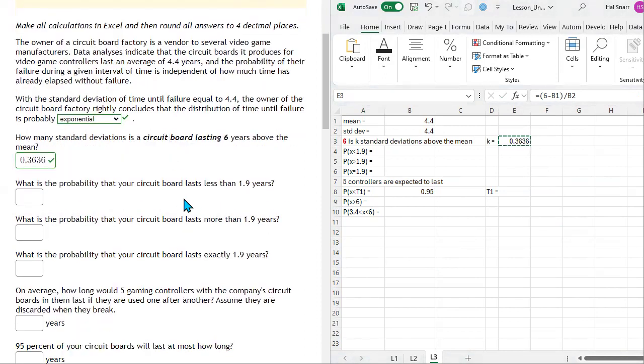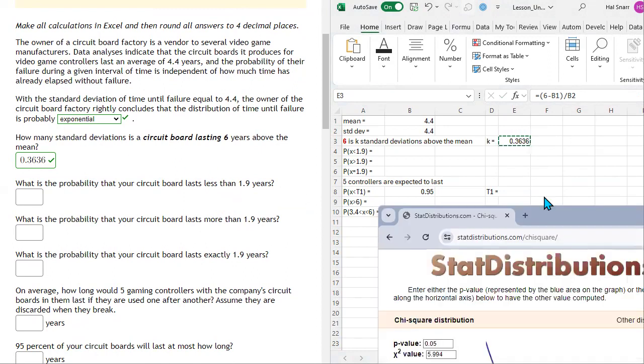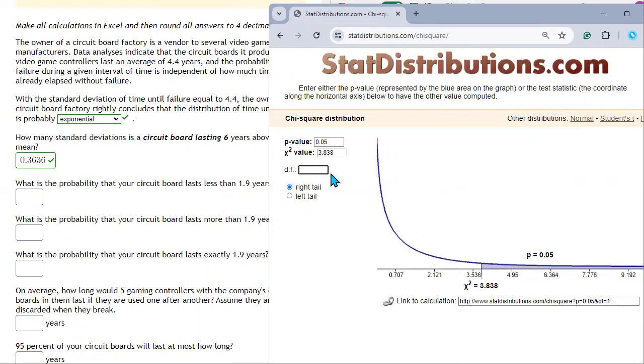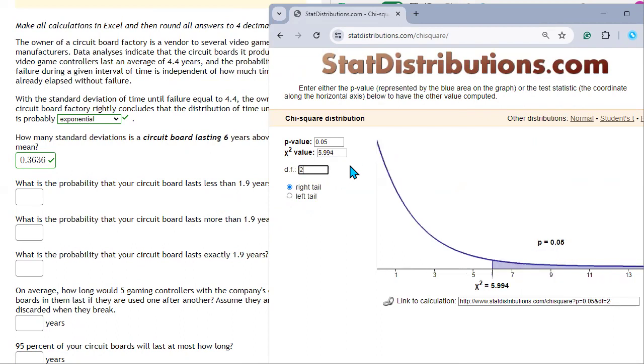What is the probability that your circuit board lasts less than 1.9 years? Now, an exponential distribution looks like a chi-square distribution. It has the same general shape, right? When it's got 1 degree of freedom or 2 degrees of freedom, that's what an exponential distribution looks like.